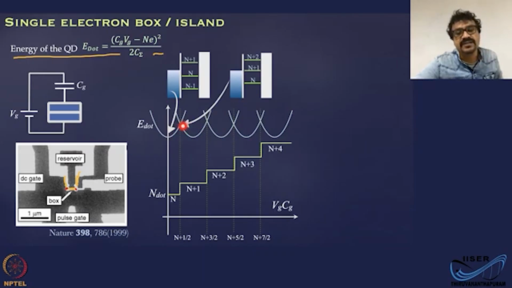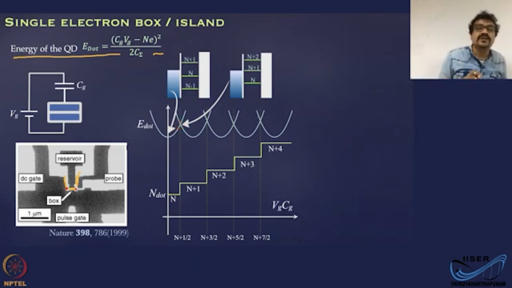They have the same energy. That's a charge degeneracy point. Then the dot is equally well off whether you have n electrons or n+1 electrons.